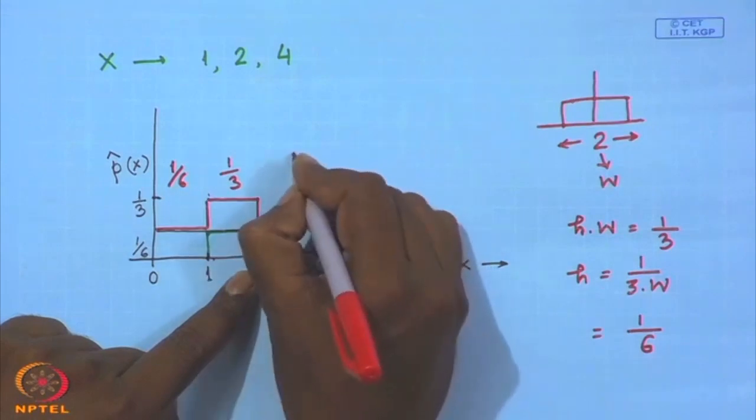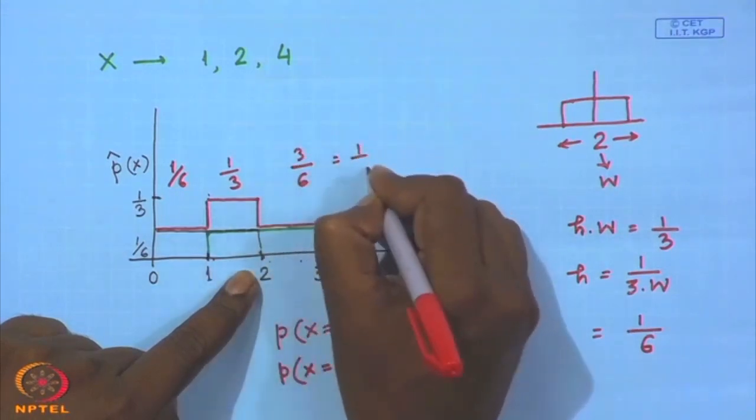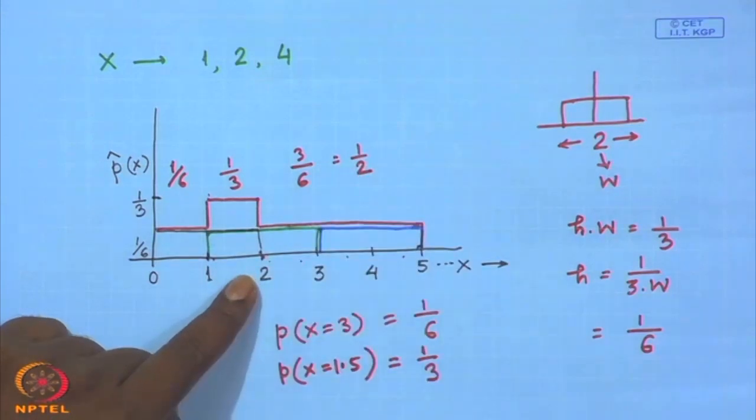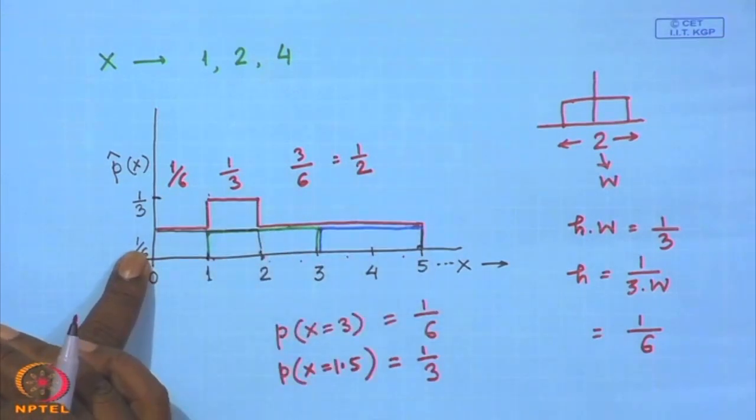So, it will be 3 by 6, which is nothing but half. Okay. So, if I add all these, I will get the total area under this probability density curve. So, this was a very simple case when we used a rectangular window for estimation of probability density.